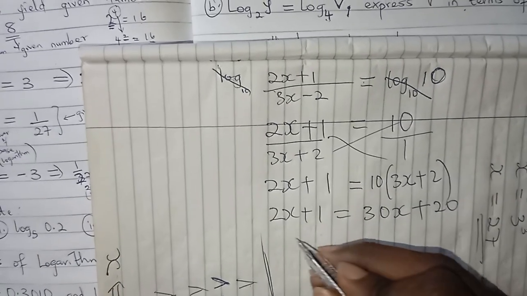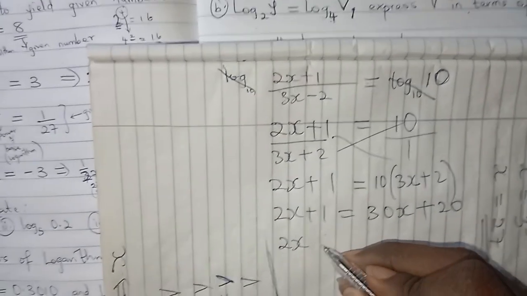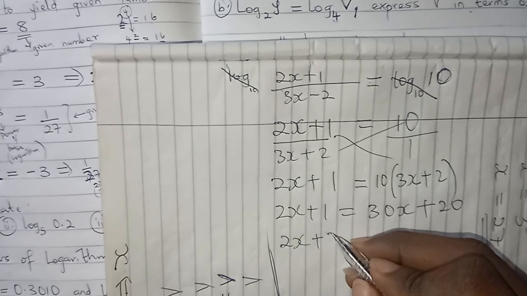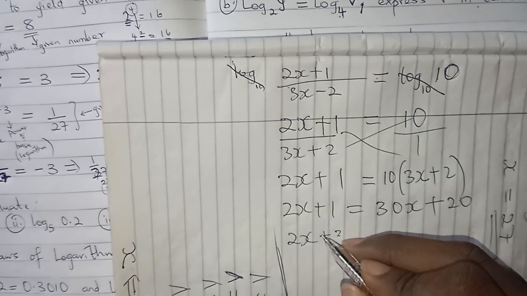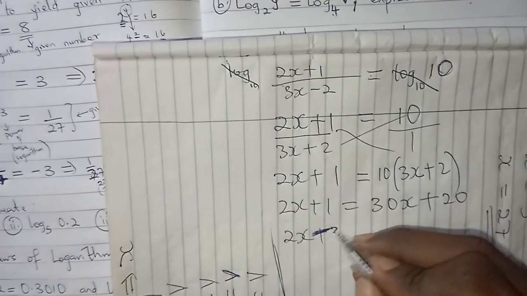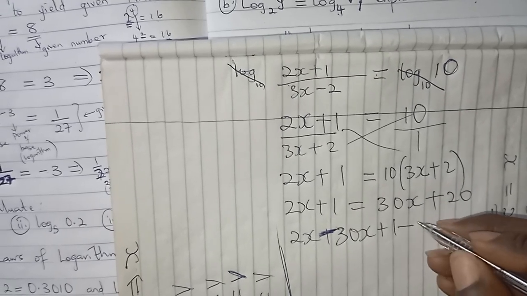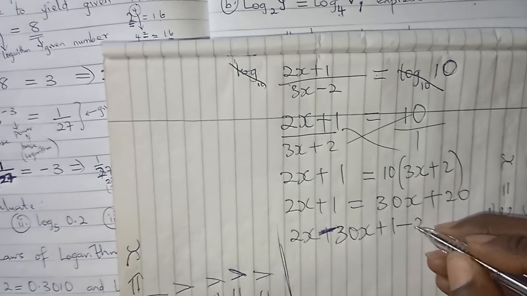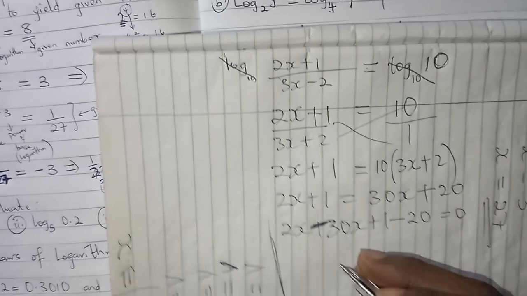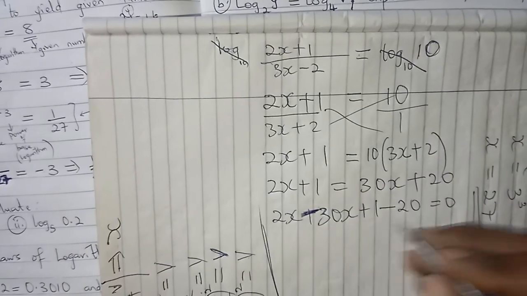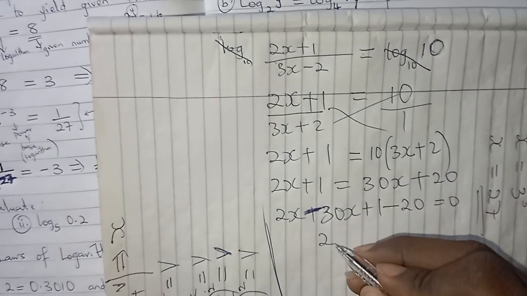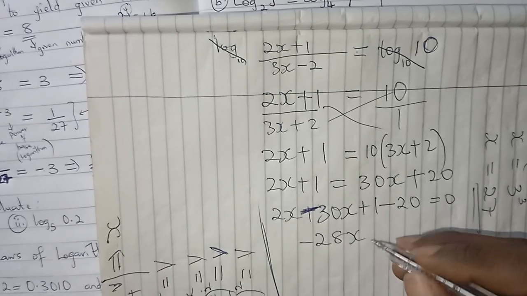Collect like terms. This will become 2x minus 30x plus 1 minus 20 equals to 0. This will become 20 minus 28x.